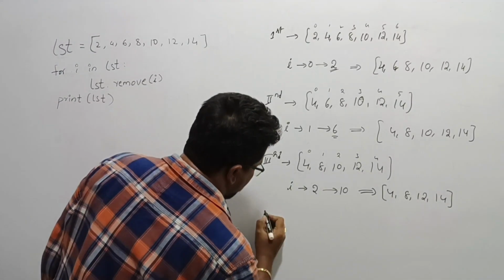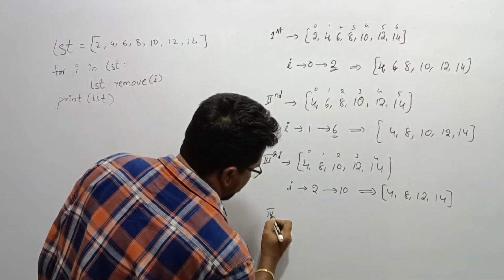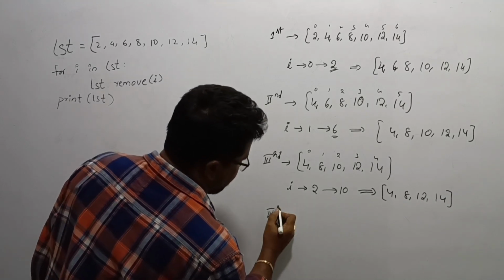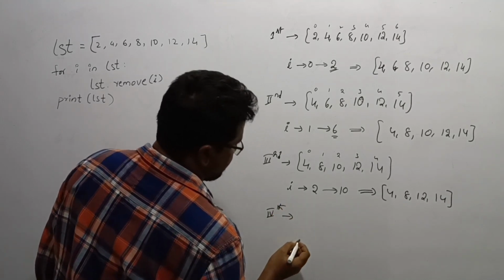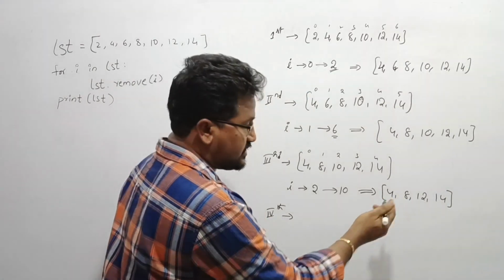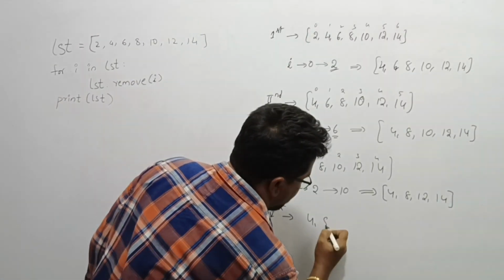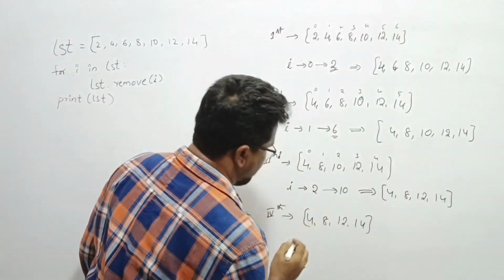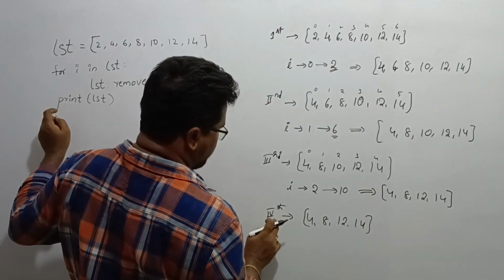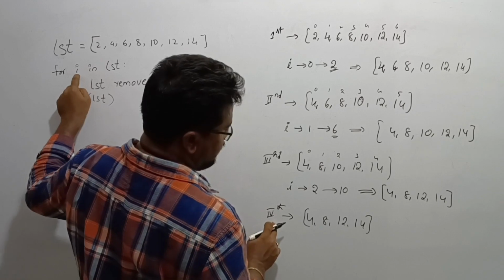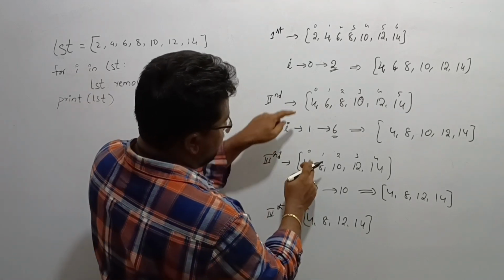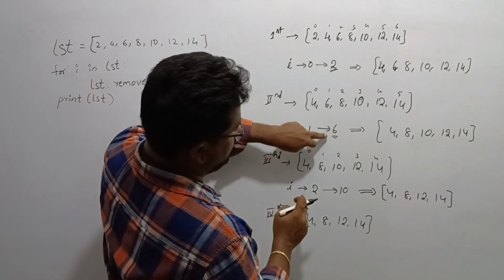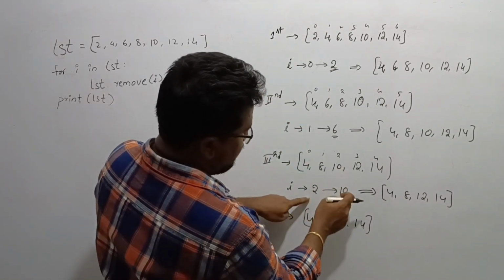Now let's go with the fourth iteration. In the fourth iteration, the remaining list is 4, 8, 12, 14. The i value is the index number 3 value. Already index 0, 2 is over, index 1, 6 is over, index 2, 10 is over.